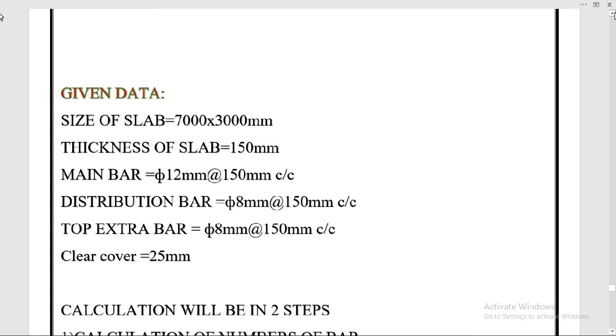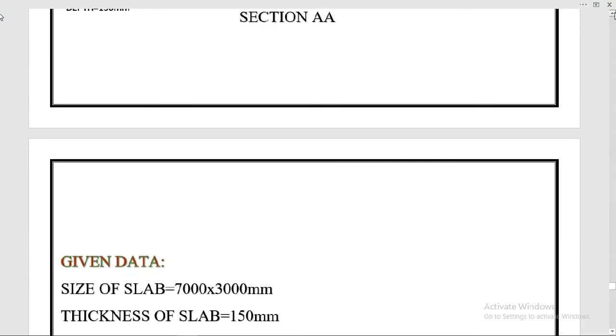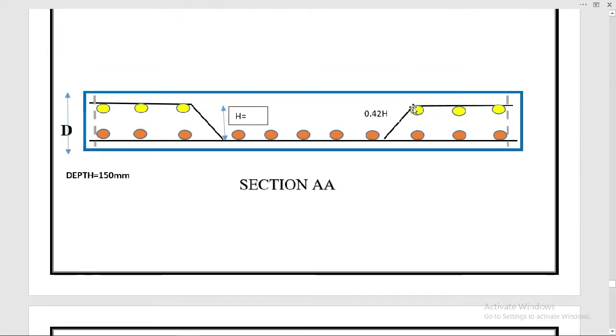Here I will show you in the section. In the section you can see where the main bars are bending. In the yellow color you can see the top extra bars we provided along these distribution bars, but the distribution bars are at the bottom and the top extra bars are at the bending.